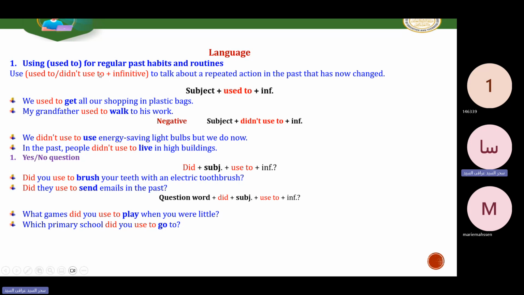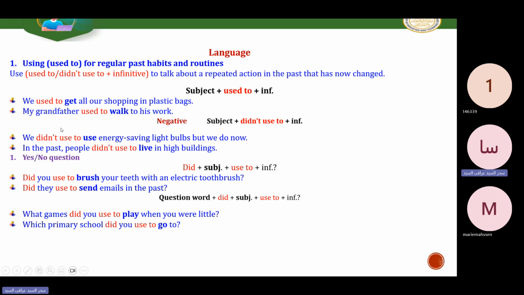So we use used to plus infinitive to talk about past habit or repeated action that doesn't exist now. I was doing something in the past and now I don't do it. Okay. So we use it to talk about a repeated action in the past that has now changed or stopped.